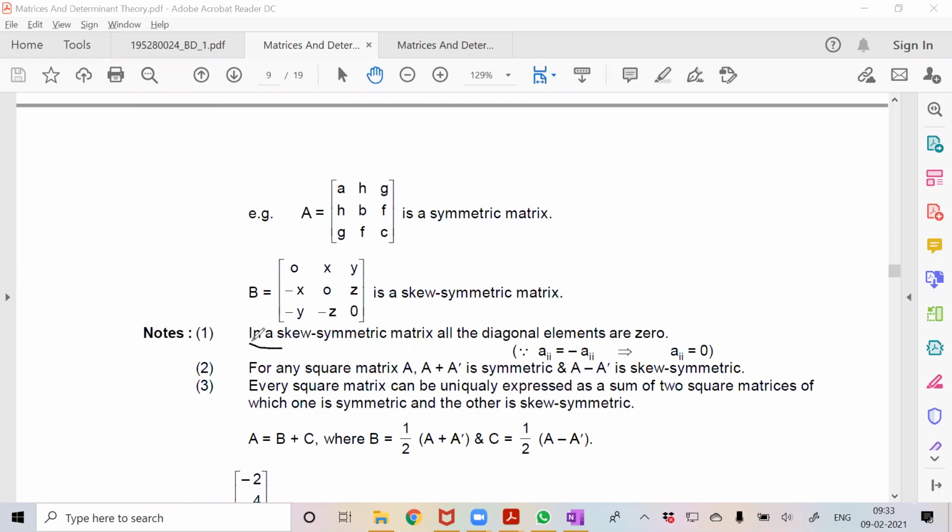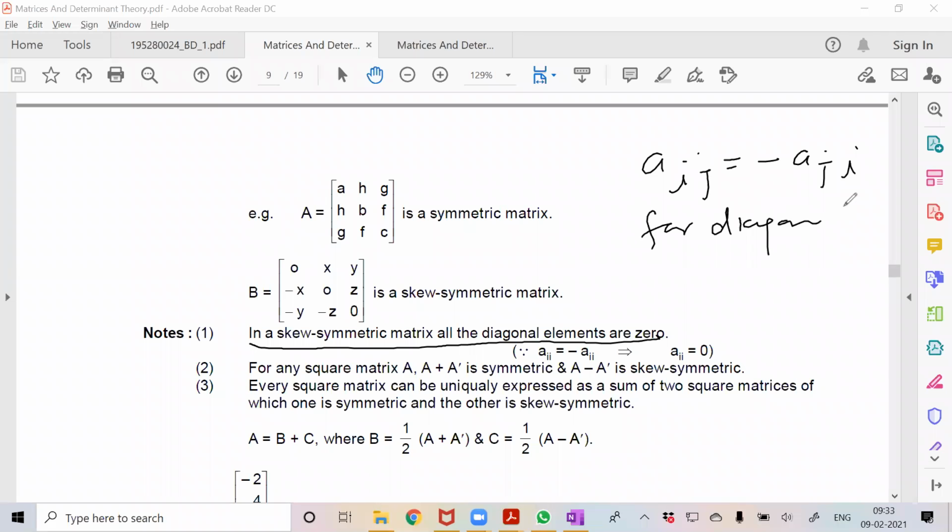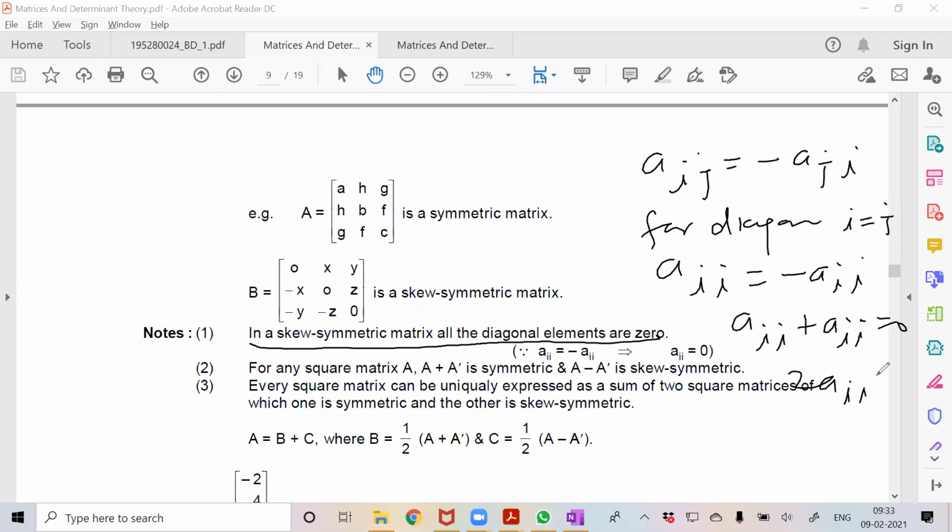So in a skew symmetric matrix, all diagonal elements are 0. Why does this happen? Because in general, skew symmetric means Aij is minus Aji. For diagonal elements like A11, A22, A33, i will be equal to j. So Aii is equal to minus of Aii. You bring it to the left side, so Aii plus Aii is 0. So 2 times Aii is 0.